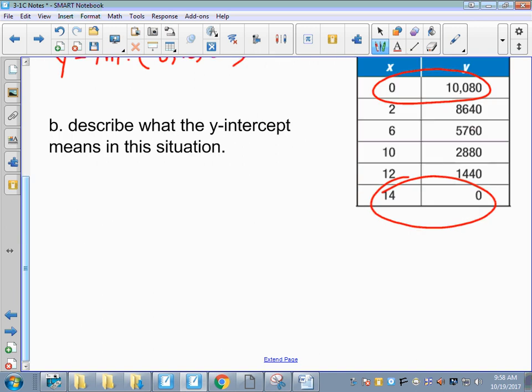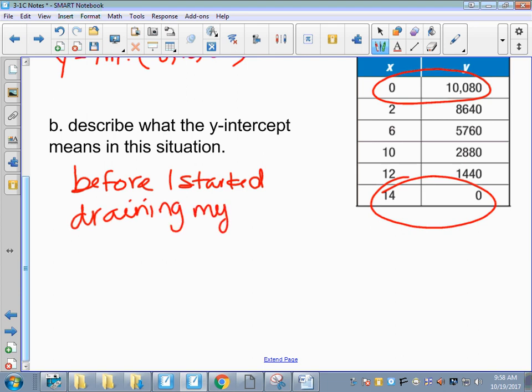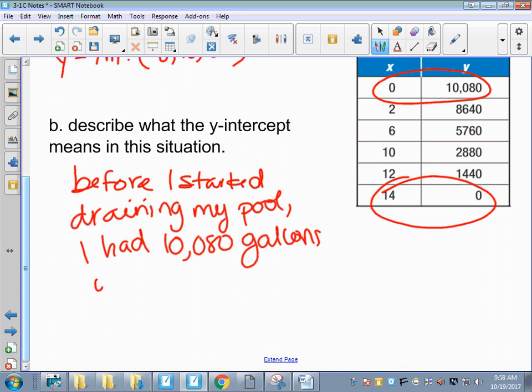And what it means in terms of hours and gallons: before I started draining my pool, I had 10,080 gallons of water in it.